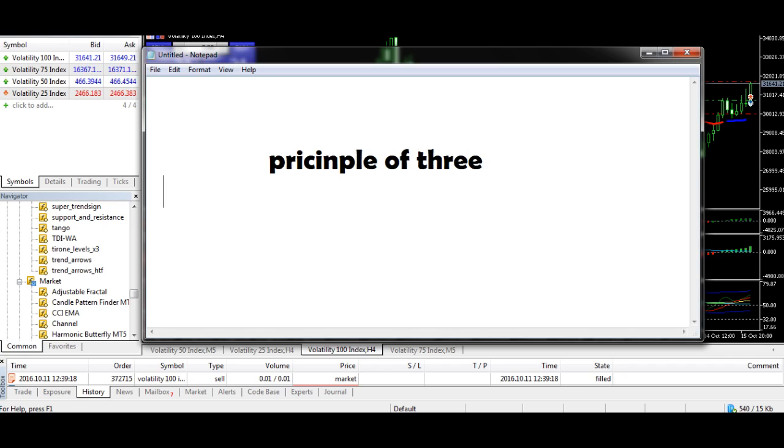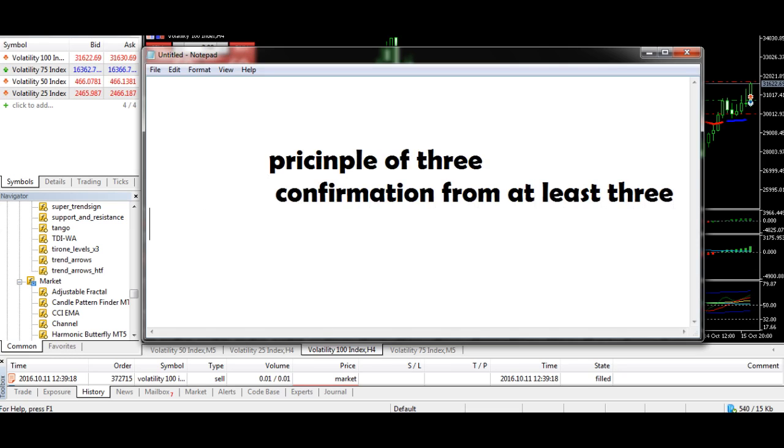What it simply means is that you need to make a confirmation from at least 3 of the indicators you're using.